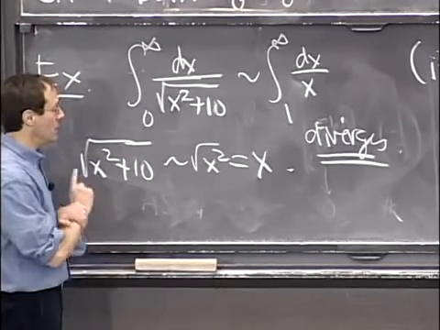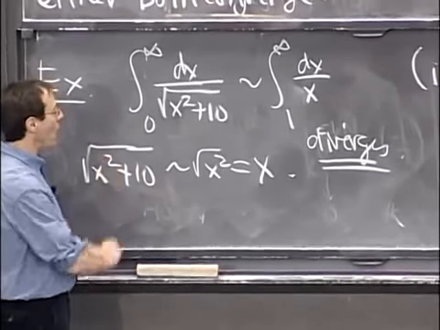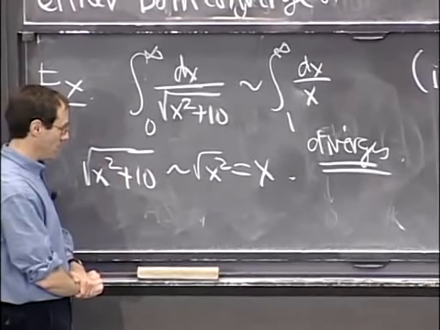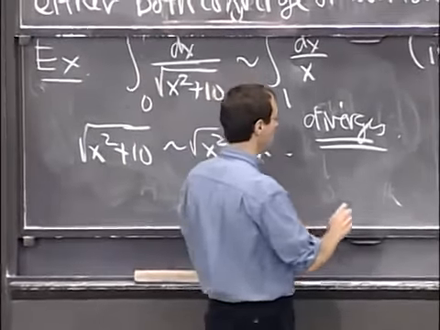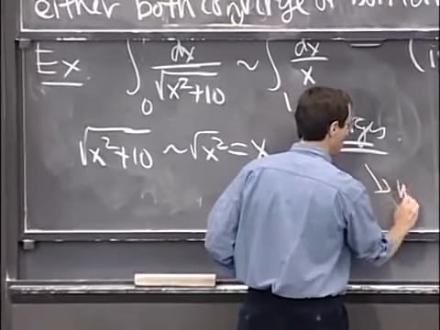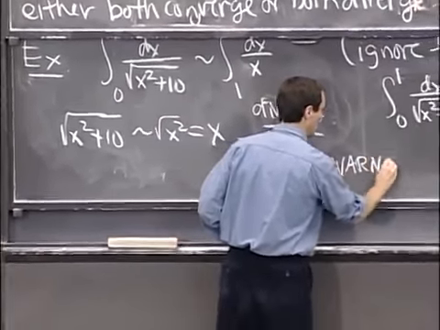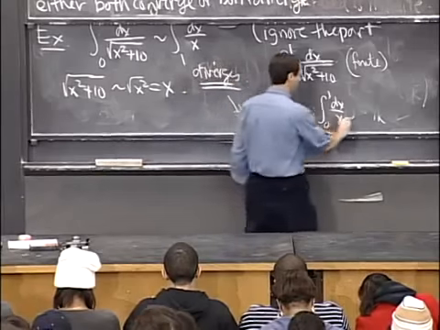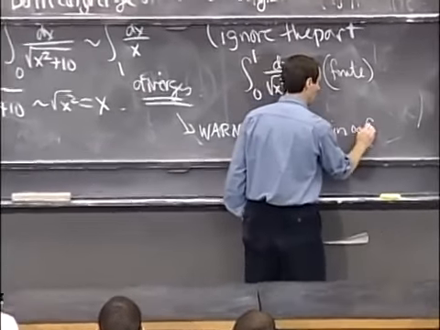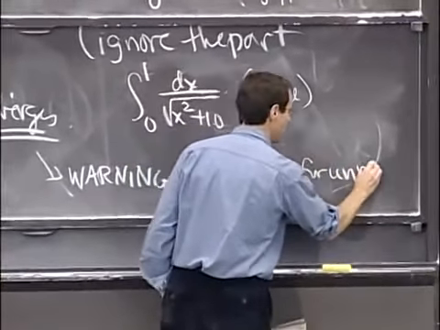The question is, why did we switch from 0 to 1? I'm going to say a little bit more about that later, but let me just make it a warning here, which is that this guy here is infinite for other, unrelated reasons.